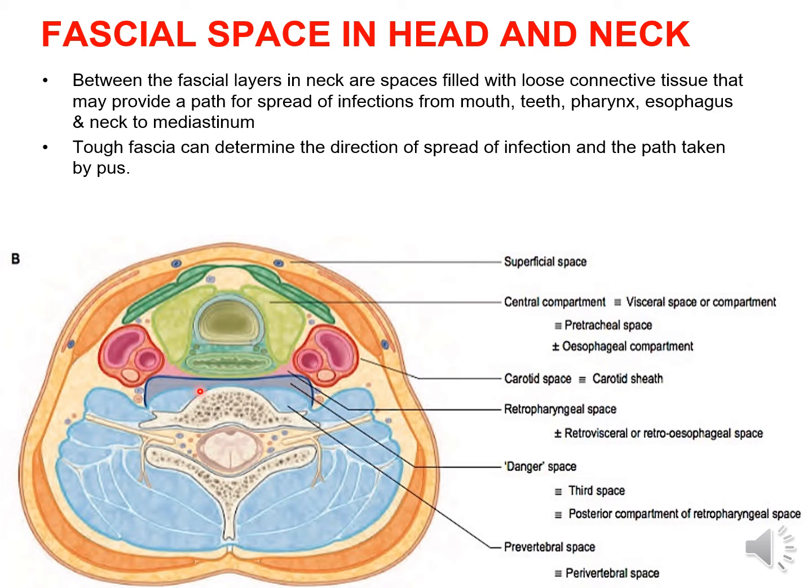Then, between the prevertebral layer and the vertebrae and the muscles of the back and neck lies the prevertebral space. We are going to study only the clinically very important spaces in detail in the next few slides.